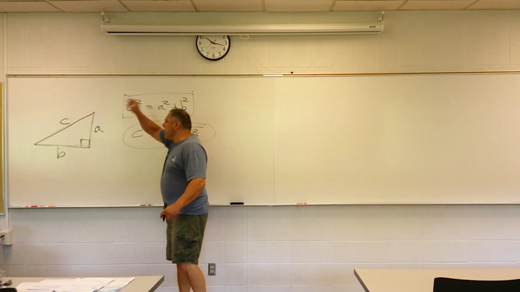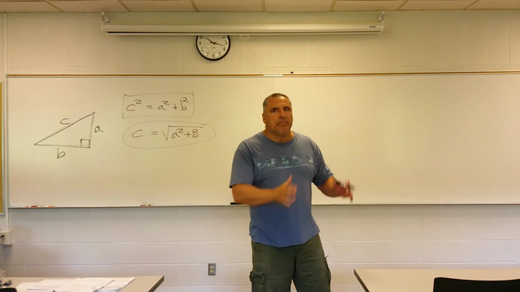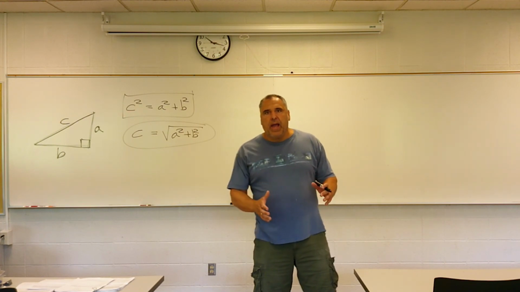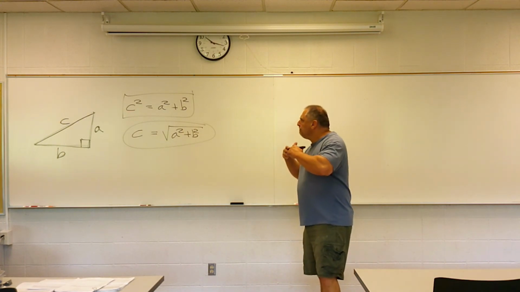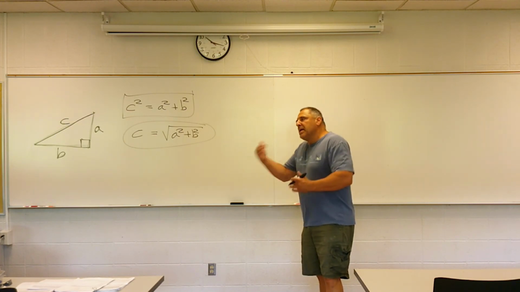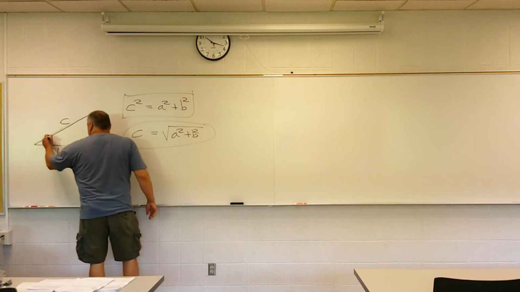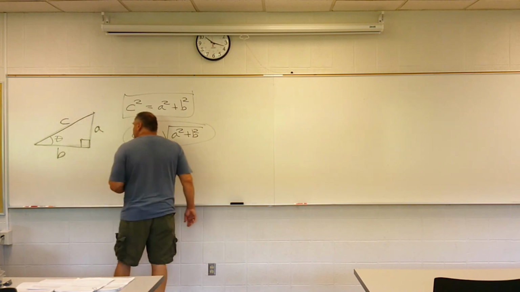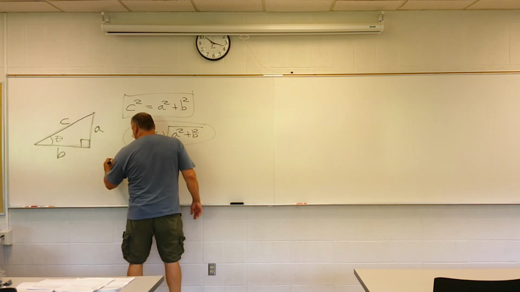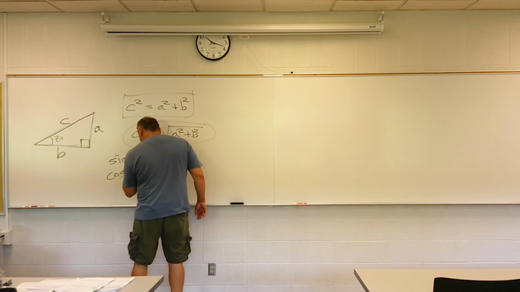Just get one of them by themselves, and then square root the quantity that's on the other side. If this angle right here were theta, keep it pretty basic, they've got these trigonometric functions known as the sine, they call it sin. The sine of theta, the cosine of theta, and the tangent of theta.